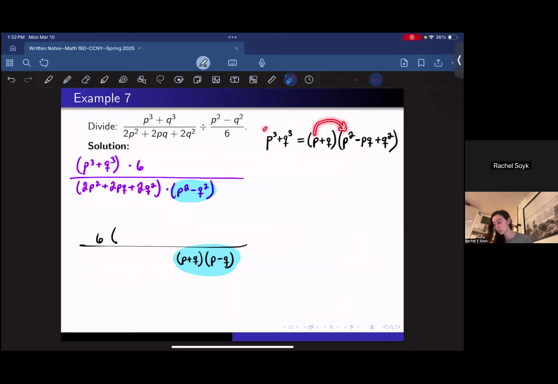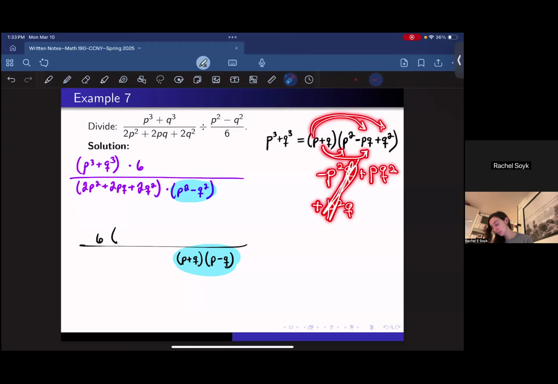P times P squared is P cubed. P times negative PQ is a negative P squared Q. P times Q squared is a plus PQ squared. And then we have Q times P squared is plus P squared Q, which makes that cancel out.